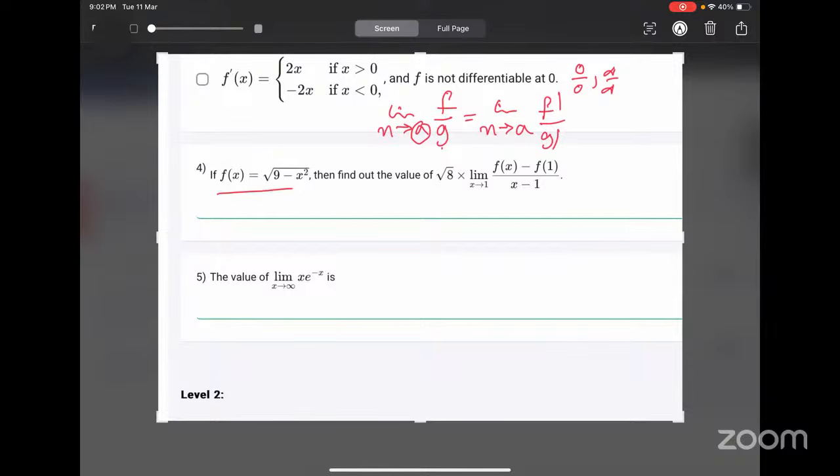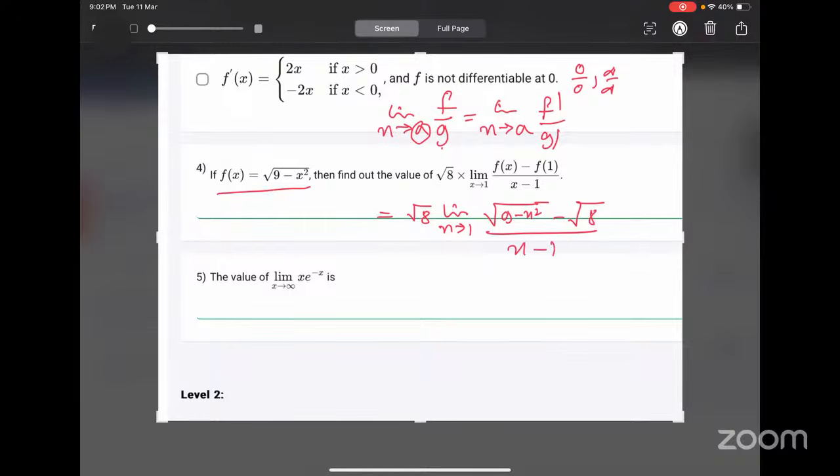So we have this function. What is f of 1 then? f of x is given as root over 9 minus x square. Then what is f of 1? Ma'am, root 8. Yeah. So we have root over 9 minus x square minus root 8 by x minus 1.